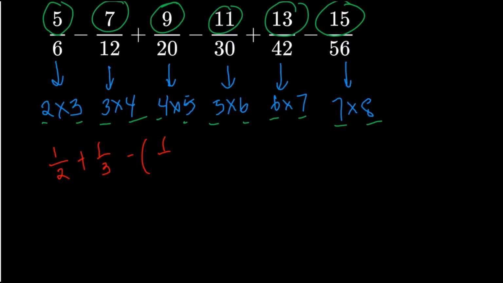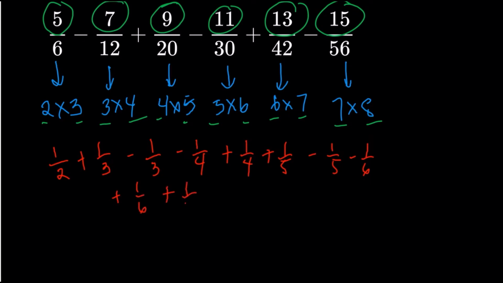So 7/12 becomes minus 1/3 minus 1/4. For the 9/20, we're going to have plus 1/4 and plus 1/5. For the minus 11/30, minus 1/5 minus 1/6. 13/42 is plus 1/6 plus 1/7. 15/56 is minus 1/7 minus 1/8.